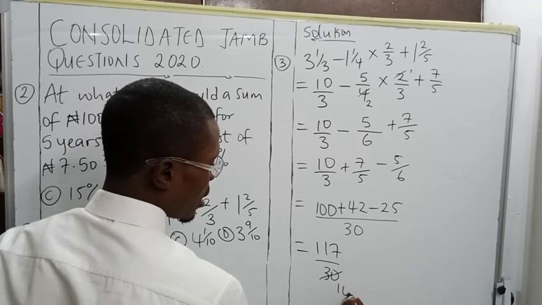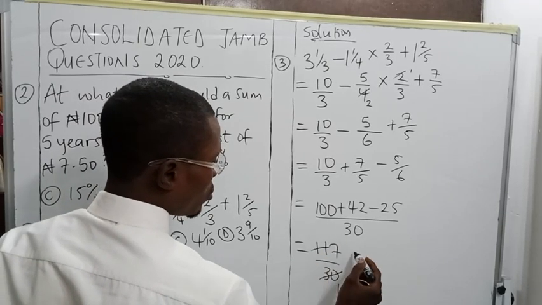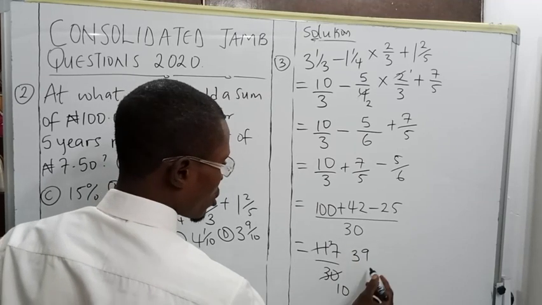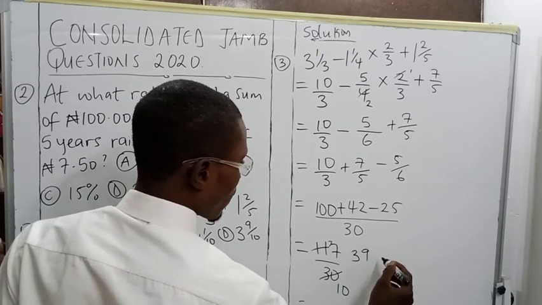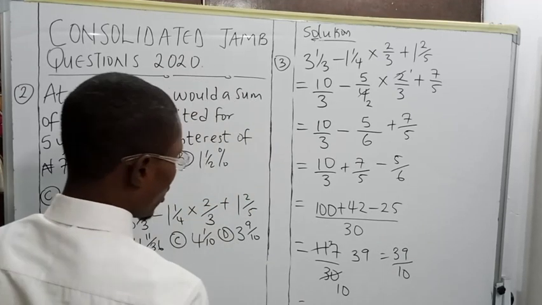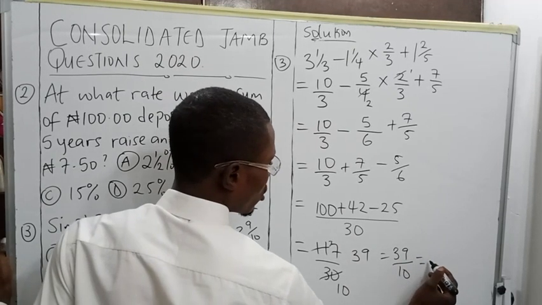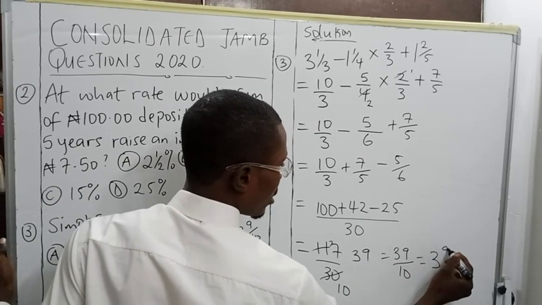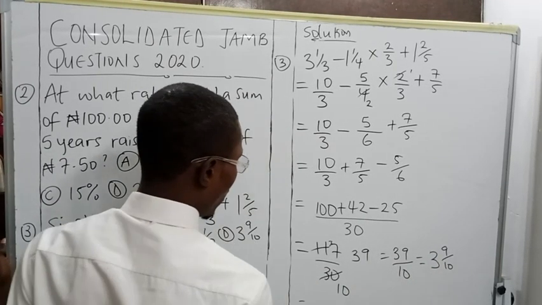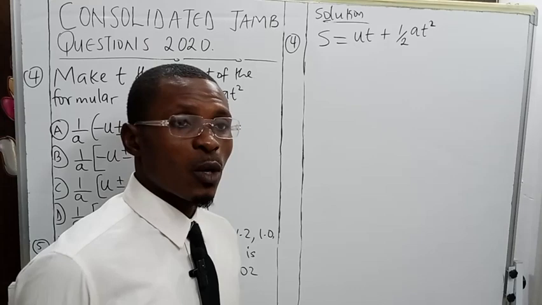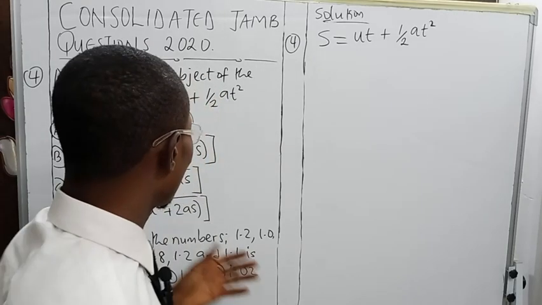So 3 here, 10. 3 into 11, 3 remainder 2, 3 into 27, 9. I have 39 over 10. Okay? So mixed fraction is what? 10 into 39, 3 times, 3 whole number, remainder 9, 9 over 10. That will give me option D. Option D.